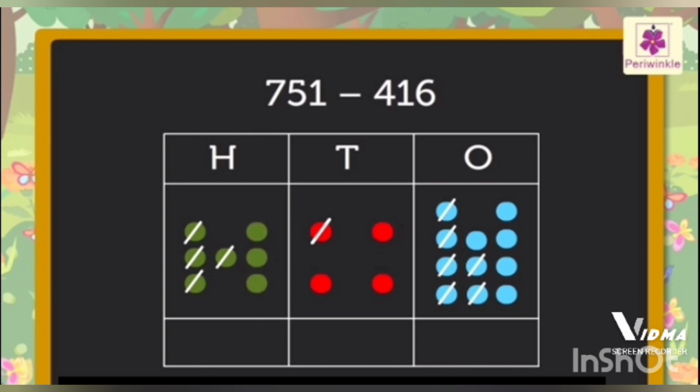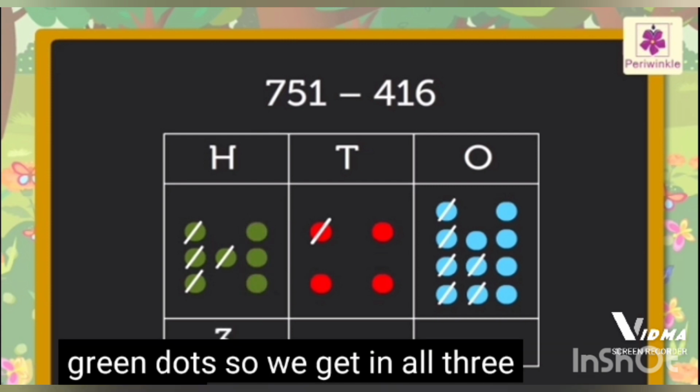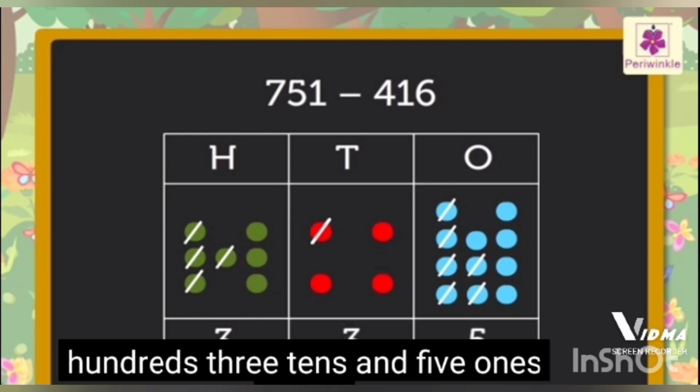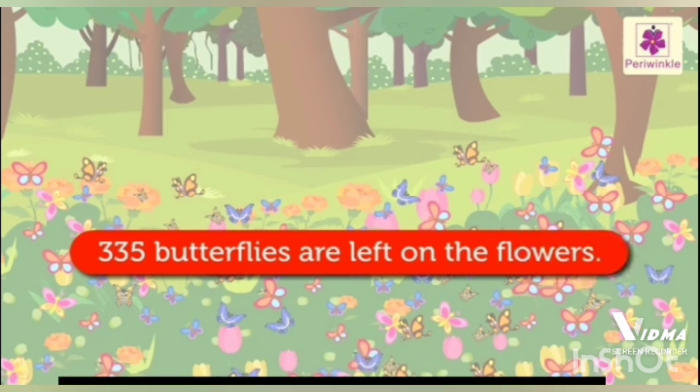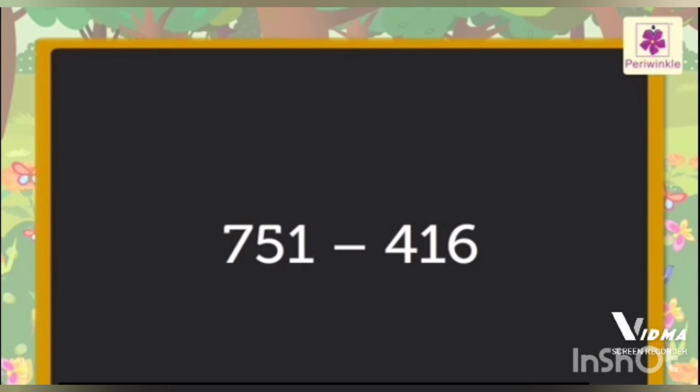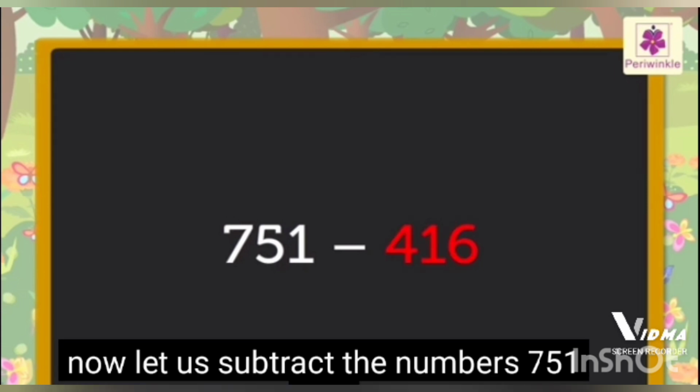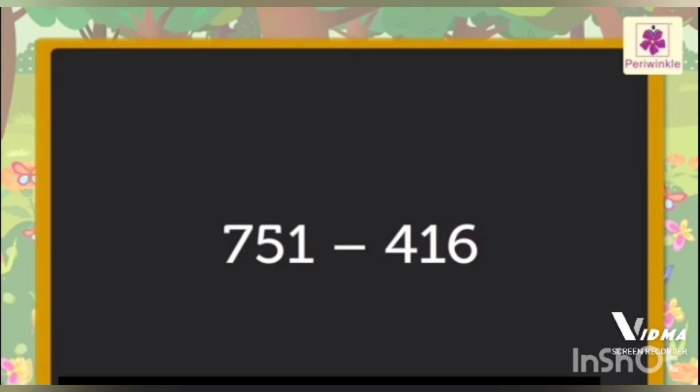So, we get in all 3 hundreds, 3 tens and 5 ones, which is equal to 335. Thus, 335 butterflies are left on the flowers after 416 flew away.